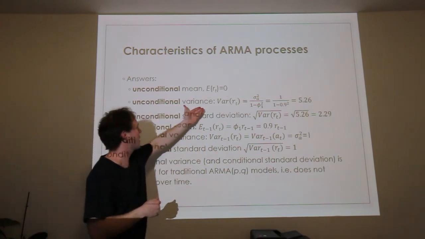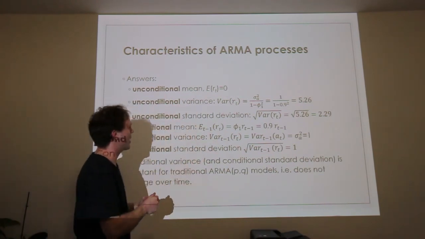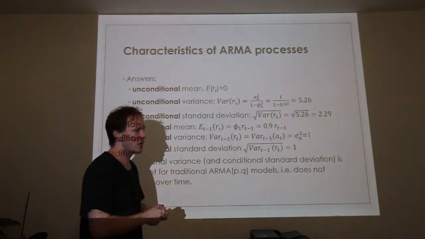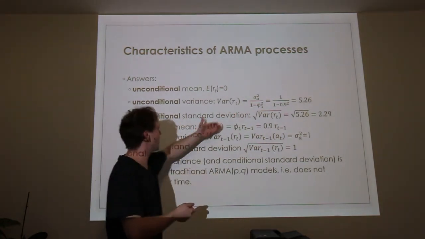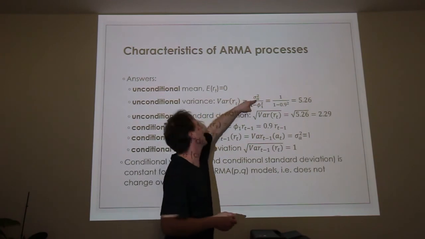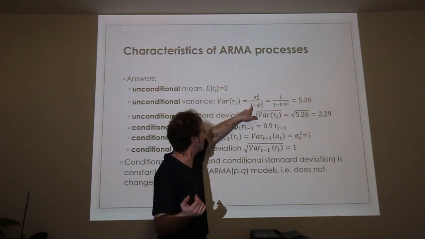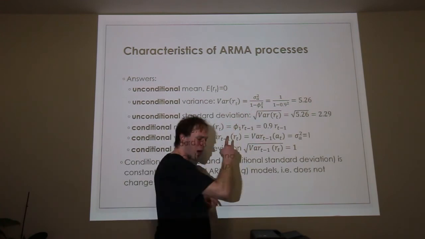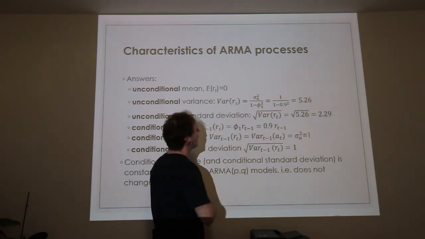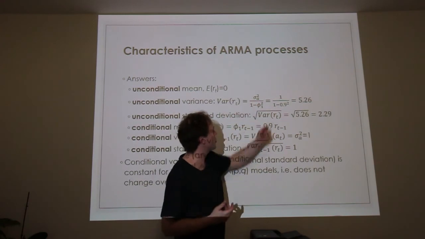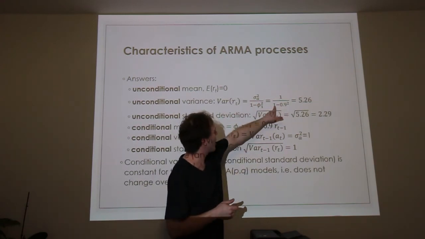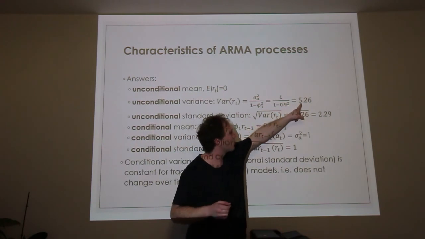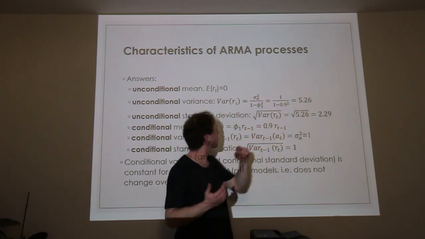The unconditional variance of returns, log returns, is equal to sigma_a squared divided by 1 minus phi_1 squared, which in our situation is equal to 1 divided by 1 minus 0.9 squared, and this is equal to 5.26.